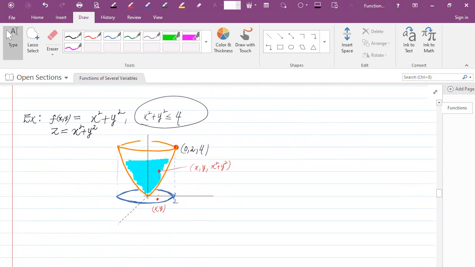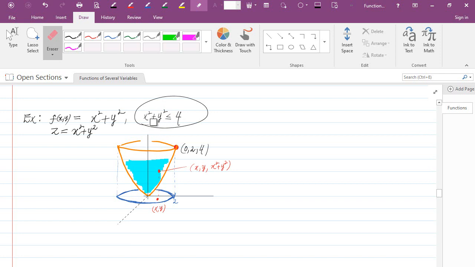Here is an example. I have the function f(x,y) equal to x squared plus y squared, where the domain is given by this inequality. What's the domain here? It says x squared plus y squared is less than 4. Now recall that x squared plus y squared is the square of the distance from the origin to the point.